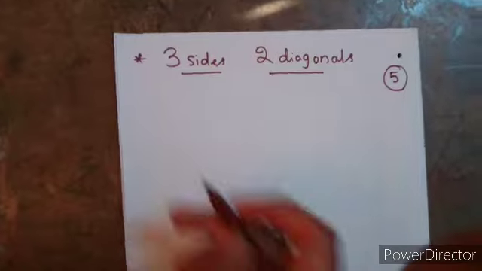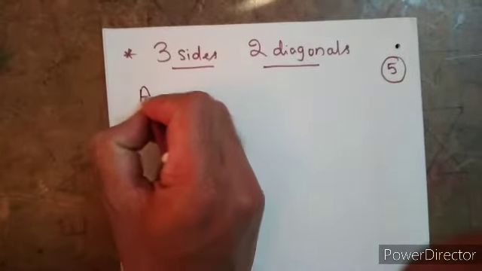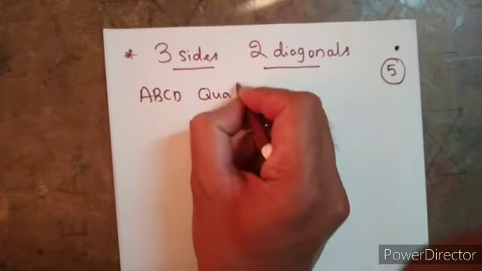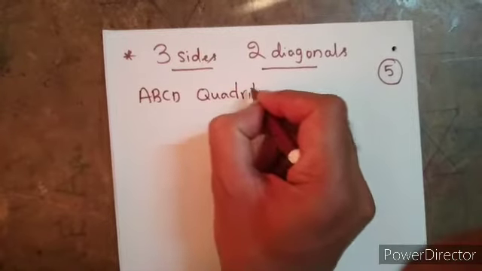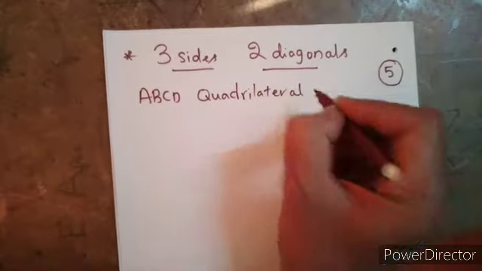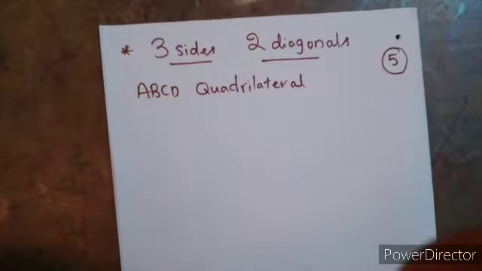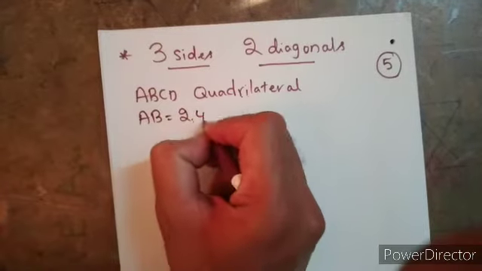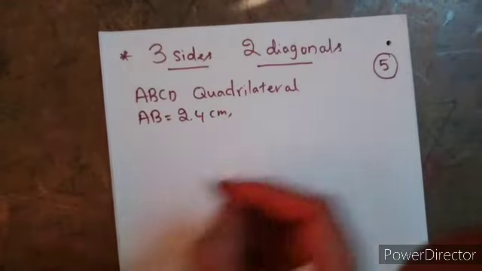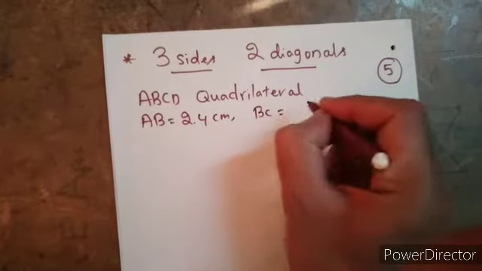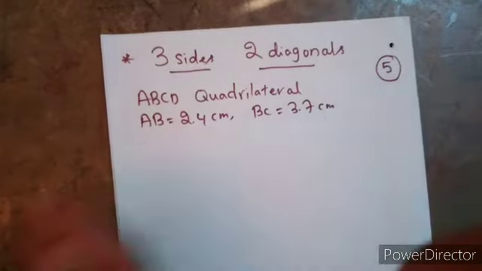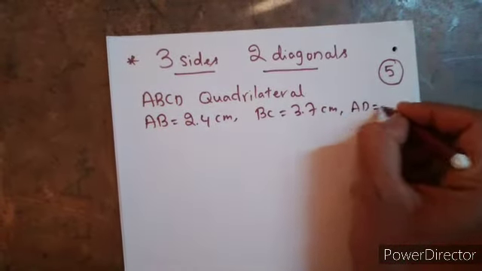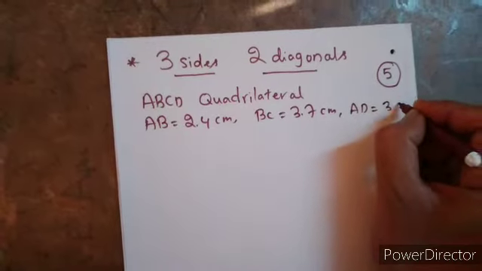It asks us to construct an ABCD quadrilateral where AB is equal to 2.4 centimeters, BC is equal to 3.7 centimeters, AD is equal to 3 centimeters.